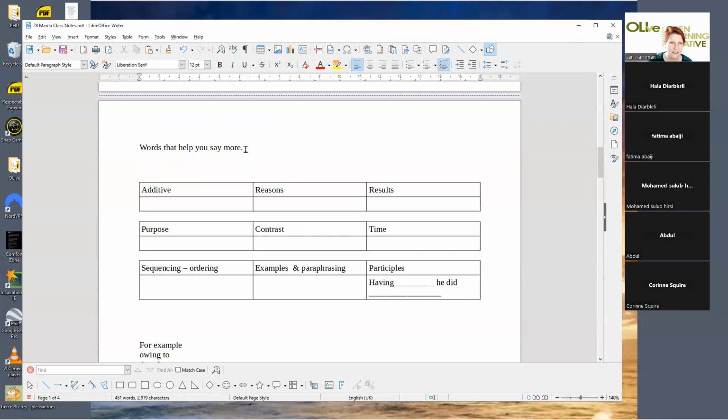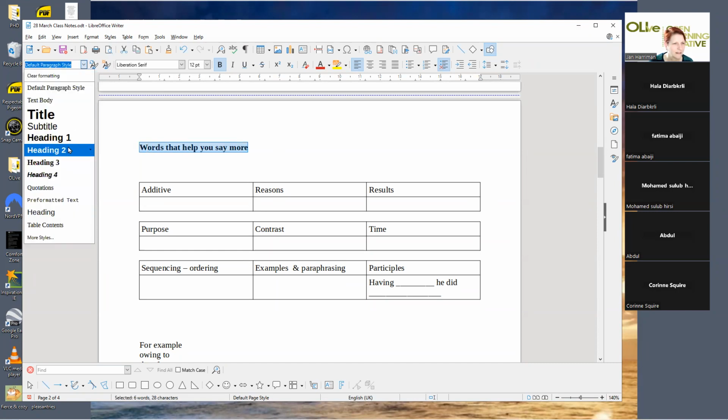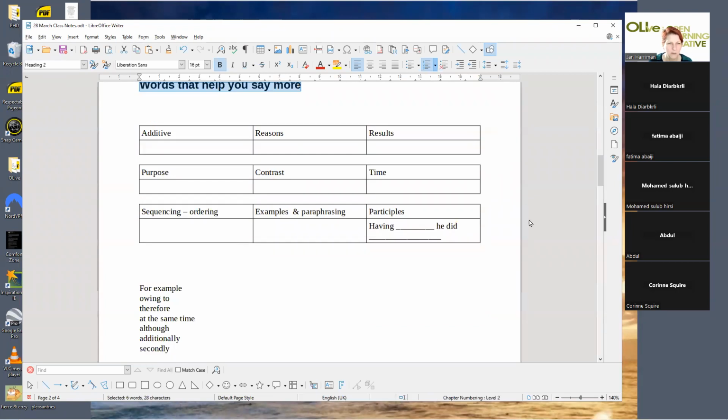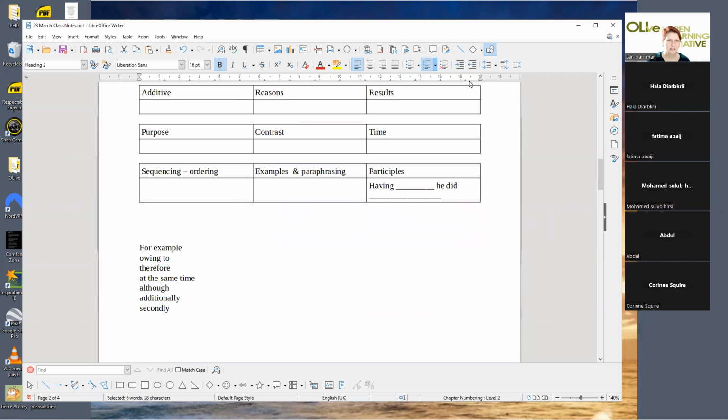So what we can do, we can't memorize things, but we can learn words that help us say more. It's not a sentence, that's a phrase. It's a title more than anything. Here, let's just make that a title. Words that help you say more. So I have some headings here.